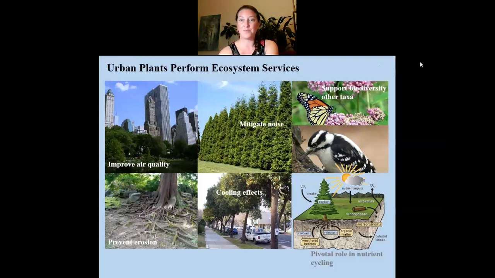Yes, nature is wonderful. Even in our cities, we have wonderful nature. Other things they do is they help prevent erosion. They provide cooling effects. And they also play a pivotal role in nutrient cycling. So they help nutrients move through the environment.